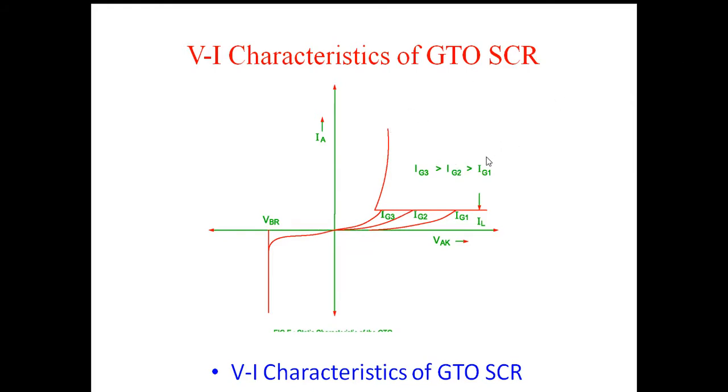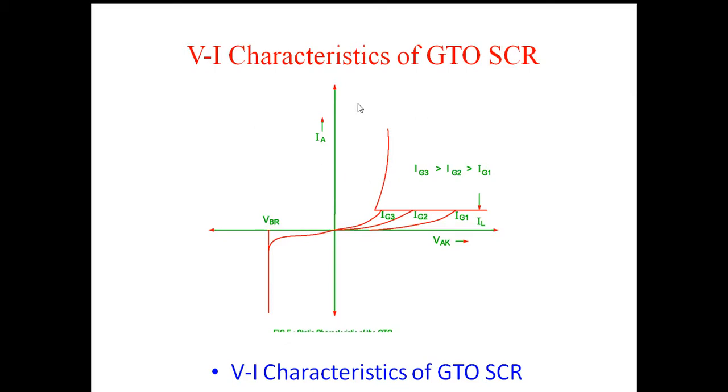Whenever the anode to cathode circuit is forward biased and we apply a gate pulse, device conduction starts. As the gate current increases, it conducts earlier. As with SCR, the GTO characteristics are almost similar, but here the on-state voltage drop of the GTO SCR is very low.